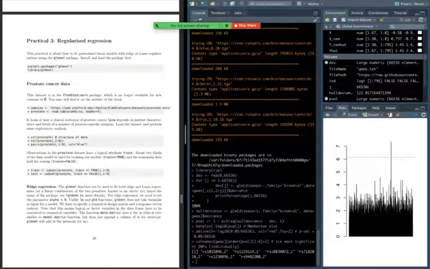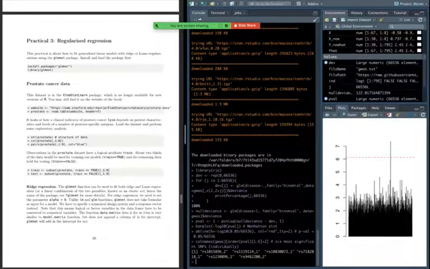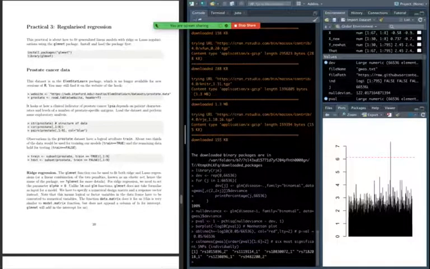And so let's focus on this cancer data. Essentially what the practical revolves around is this GLMNet package that is going to be performing ridge, lasso, or so-called elastic net, which is a linear combination of the two, so that you get the best of both worlds.